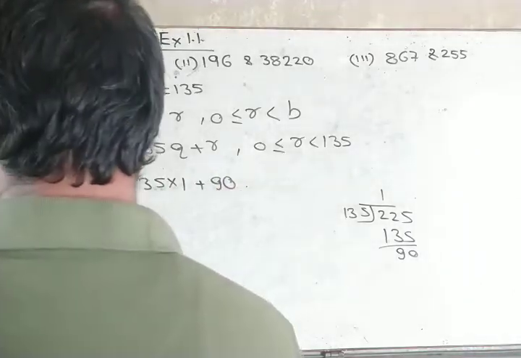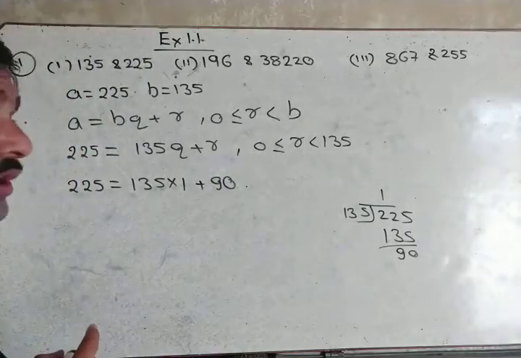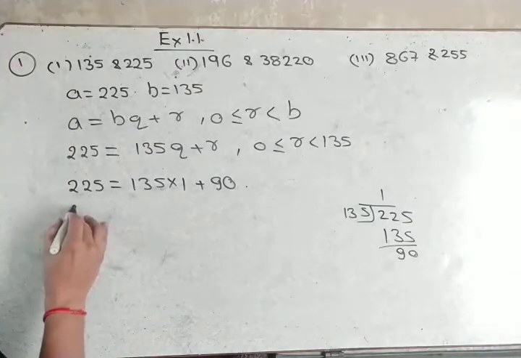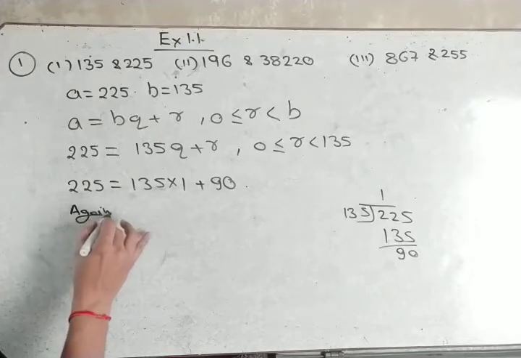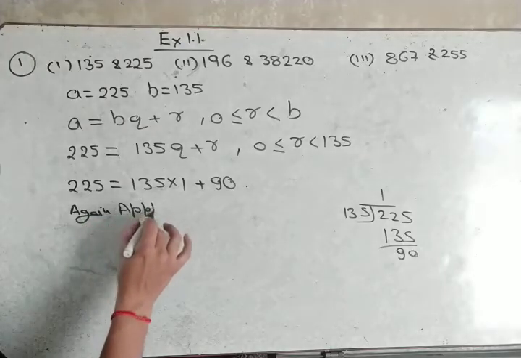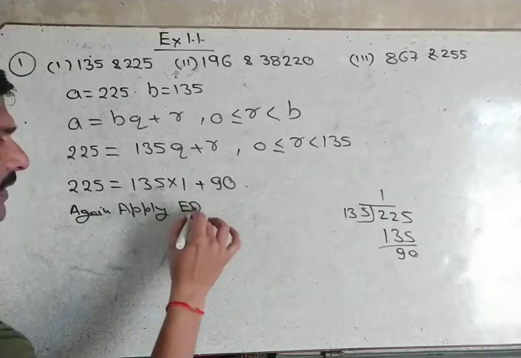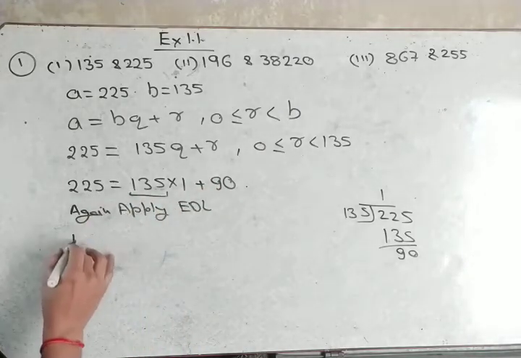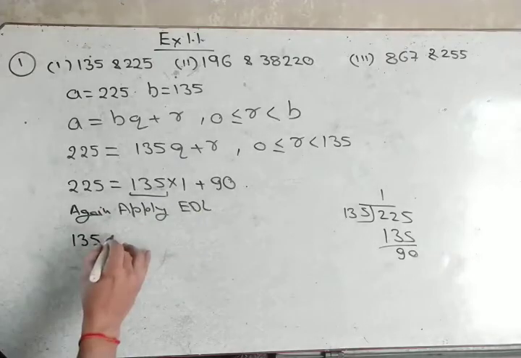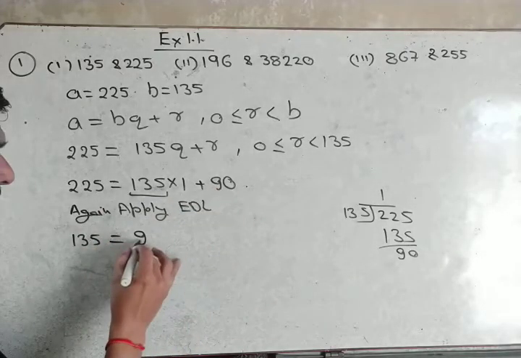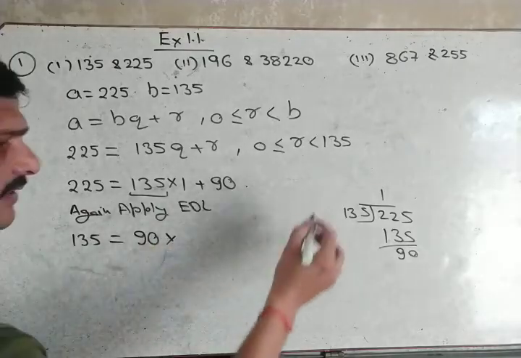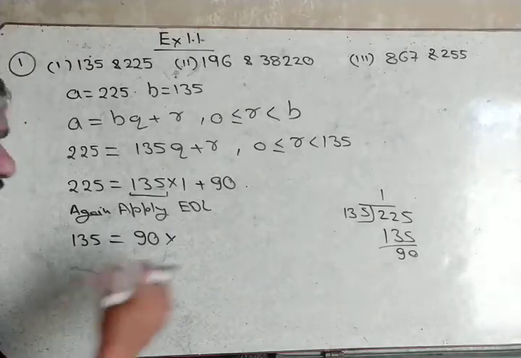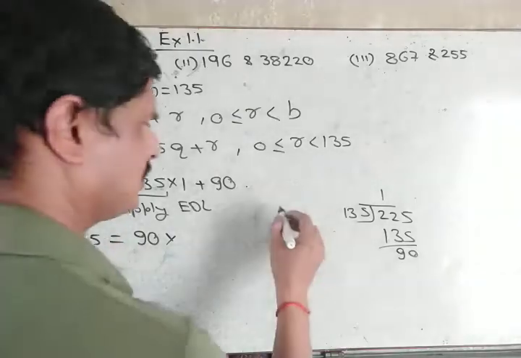And we see R is not equal to 0. So again apply Euclid division lemma. This divisor becomes the dividend and this remainder becomes the divisor. I am solving for you, otherwise you can do it yourself.